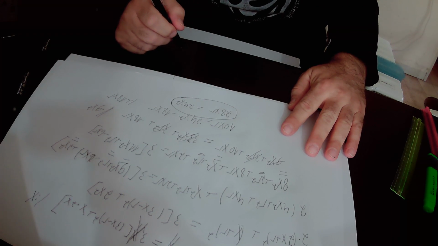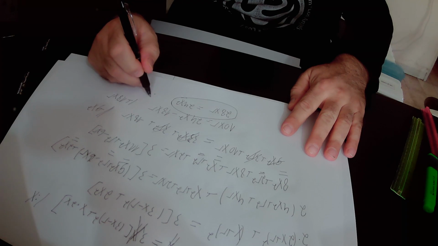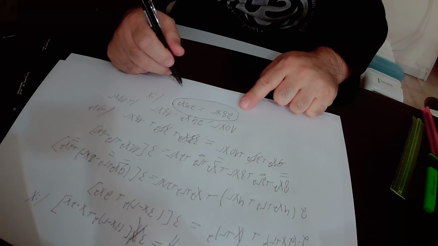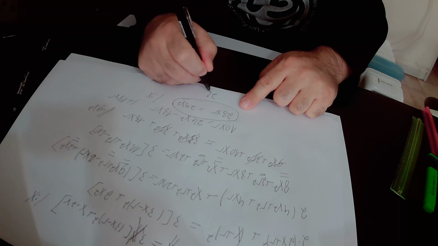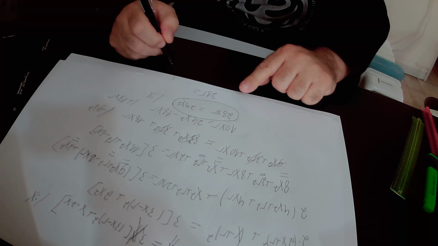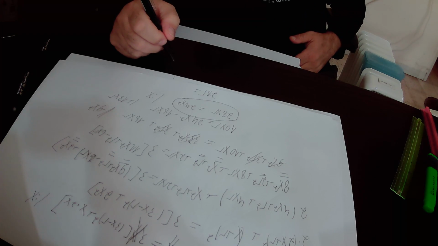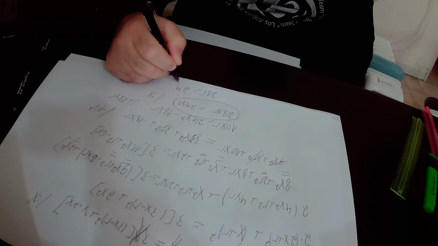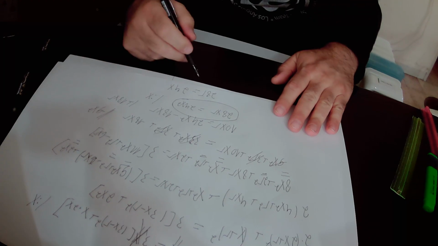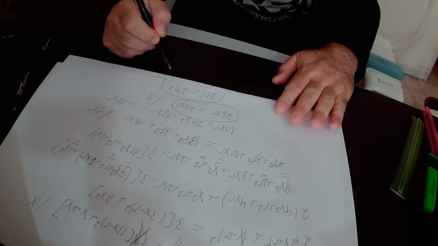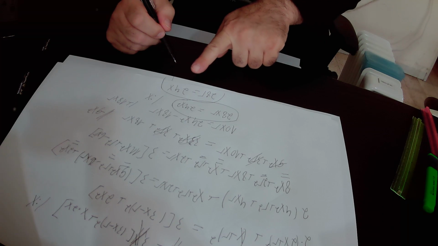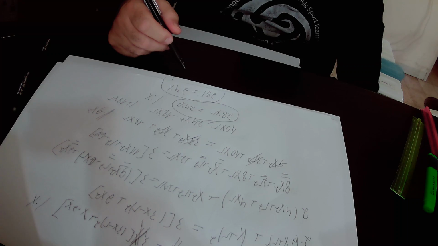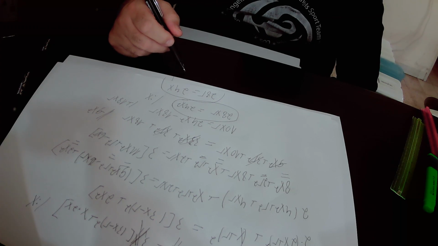equals 24x squared. Here we divide this equation by x, and we get that 28xr over x is 28r. This is equal to 24x squared over x is 24x. So we have 28r equals 24x. Here we'll substitute x by 35. According to definition, x equals 35.